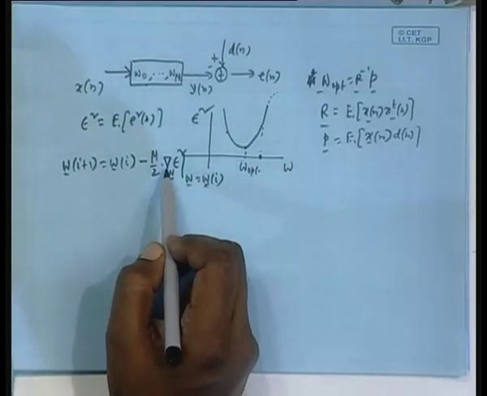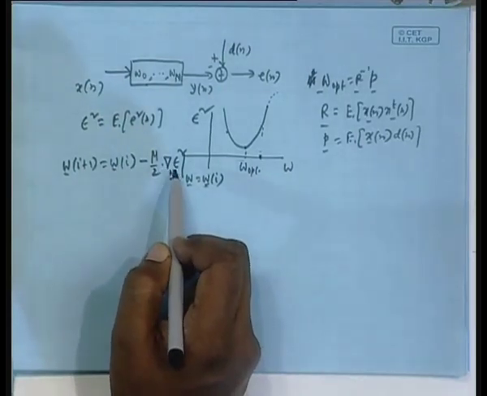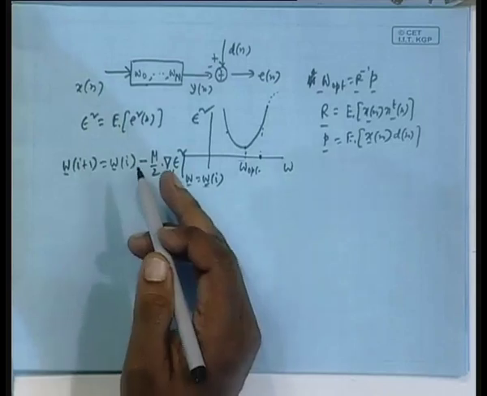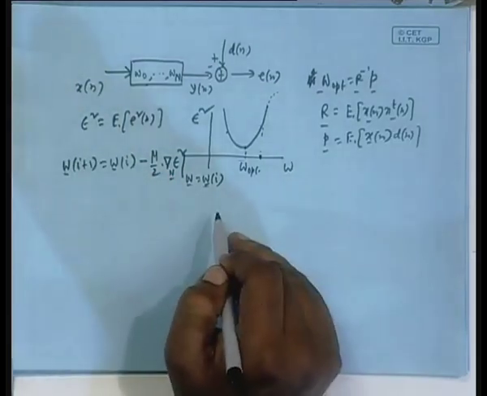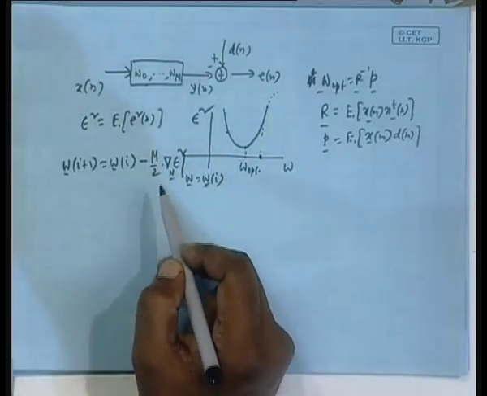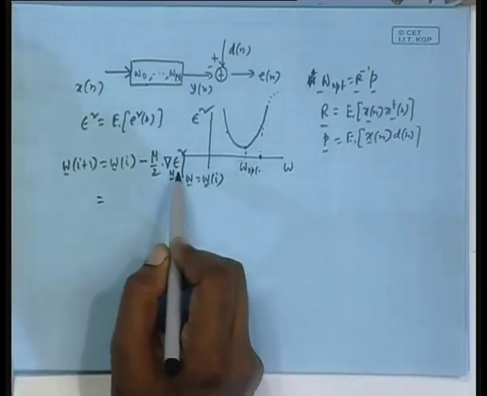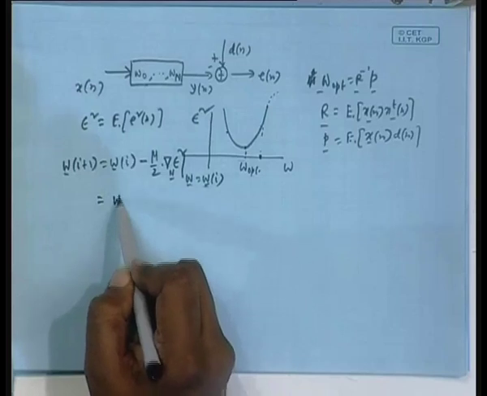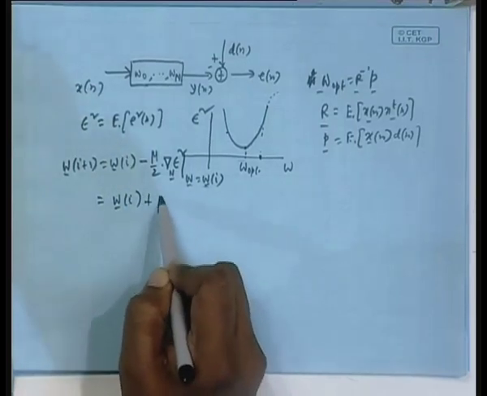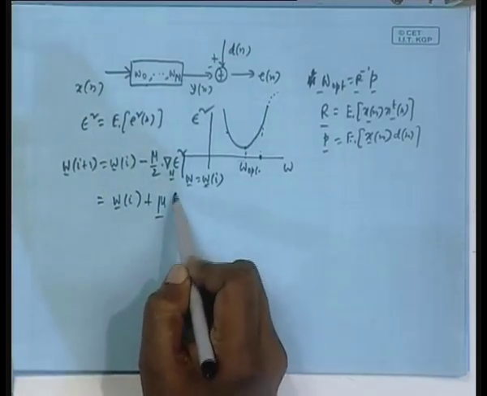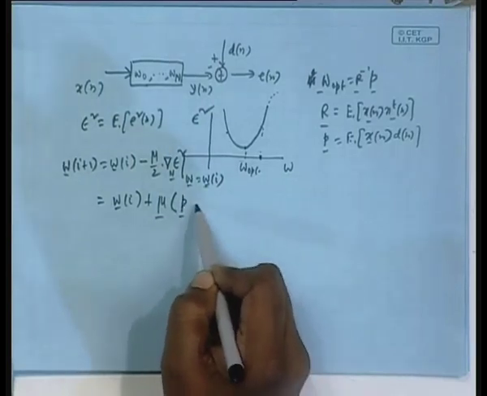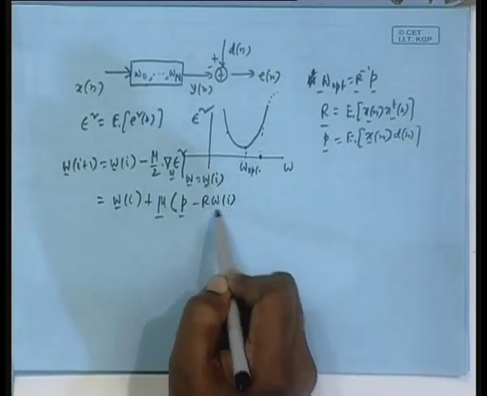So, if the gradient is positive, you go in the opposite direction. If the gradient is negative, you go in the same direction, and mu by 2 is a proportionality constant, mu is called the step size. Then we simplified it, we knew the formula of the gradient which we worked out last time, and what we got was this: mu into P minus R W i. This is what we got.